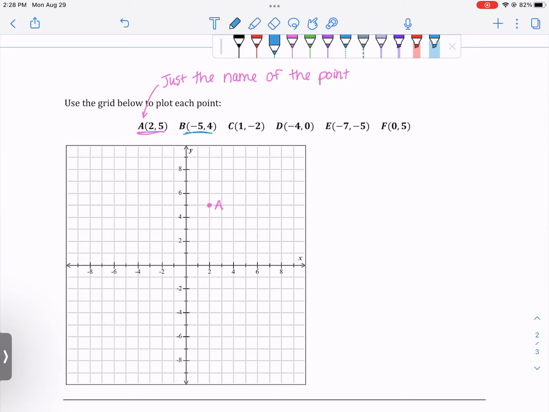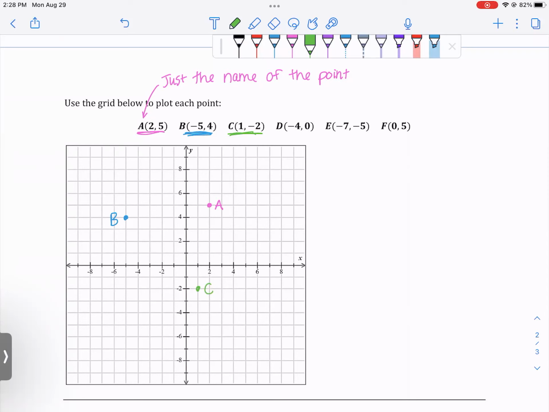I can do the same thing for B. So I'm going to -5 on the x-axis. And then I am going up 4 on the y-axis, and I'm plotting a point there. I'm calling him B. For C, 1 over on the x-axis, and then down 2 on the y-axis.